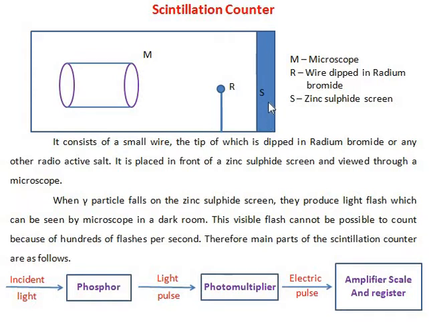The zinc sulfide screen is used because when the gamma radiation falls on it, it produces a scintillation. Scintillation means a flash of light it produces when the gamma particle is absorbed by the zinc sulfide screen, dear students.